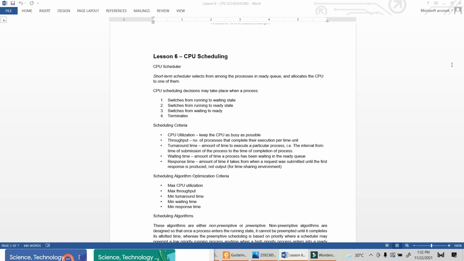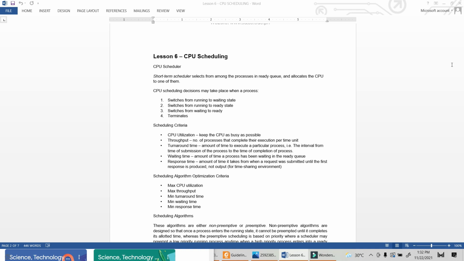CPU scheduling plays a vital role in that, because multitasking or multiprocessing involves scheduling, prioritization, and the algorithm that is being used in CPU scheduling, which is one of the main functions of the operating system.